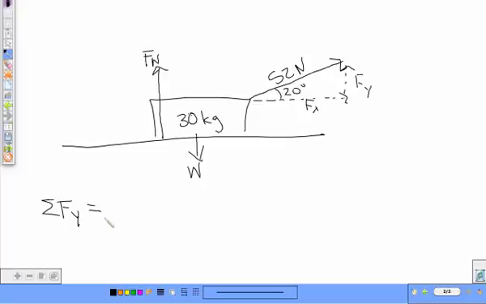What are the sum of the forces in the y direction? Not using numbers, using our symbols. What do we have? We have the normal force plus F of y minus the weight, right?